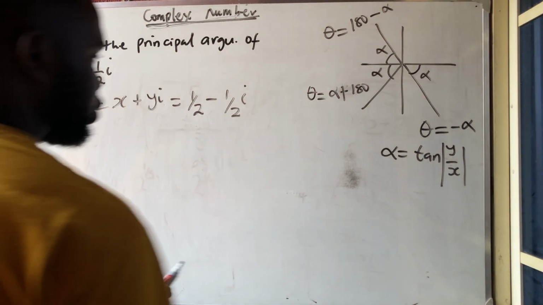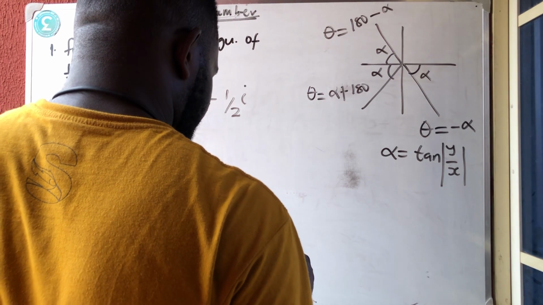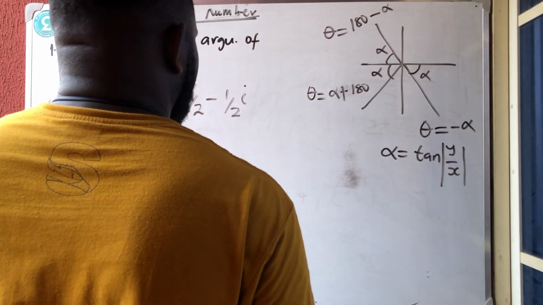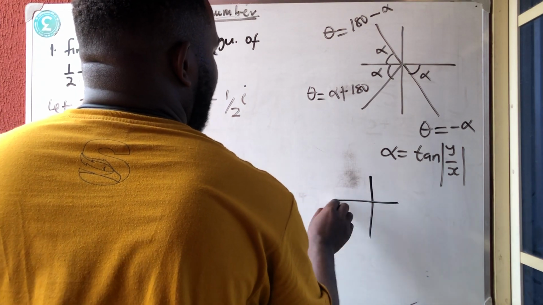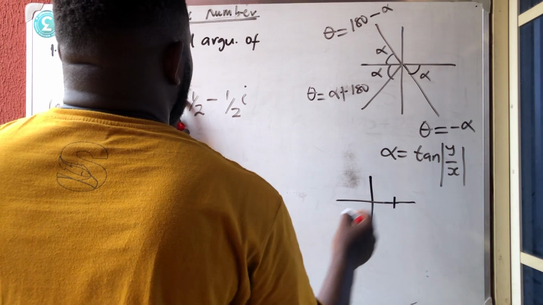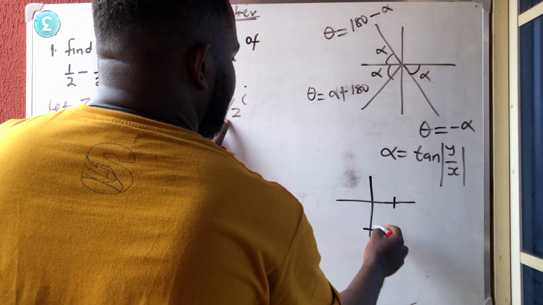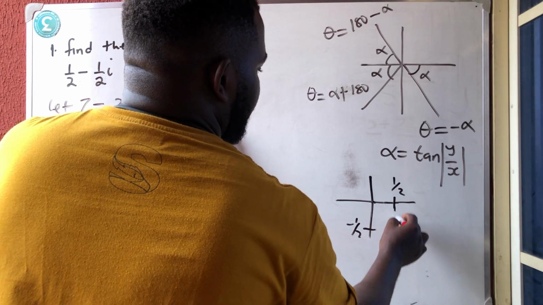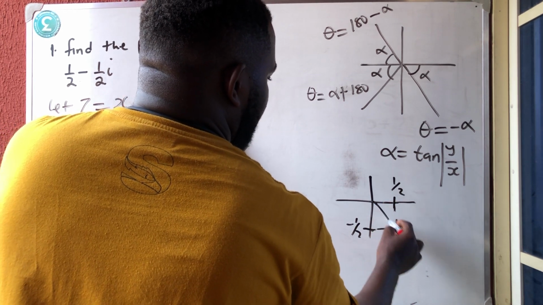Okay, so if you draw this, before you get any argument, you need to draw it. If you draw this now, you see that x is positive, this is positive x, y is negative, this is negative y, 1 over 2 minus 1 over 2. You see, where did they fall? They fall in the fourth quadrant. So this is the fourth quadrant.